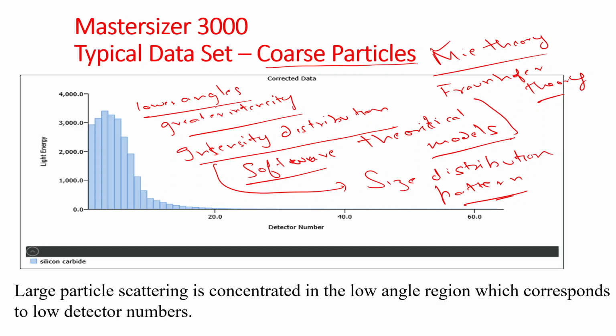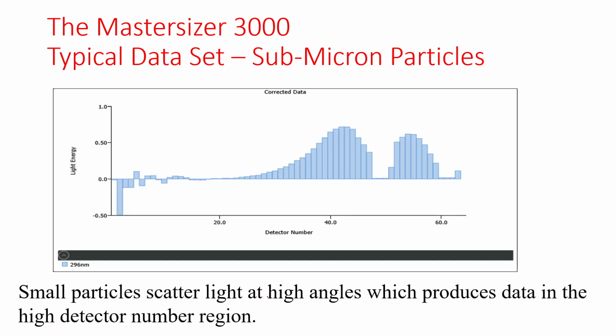Again repeating, if we have a larger particle in the solution, it will scatter the light to a lower angle with greater intensity, as shown in the graph, where the lower detector numbers are detecting the signal. If we have large particles, scattering is considered in the low angle region corresponding to the low detector numbers, and if we have small particles, they scatter light at higher angles and produce the data in the high detector limit. So we can see that a bimodal distribution is there, that is when two population sizes are there in the solution.